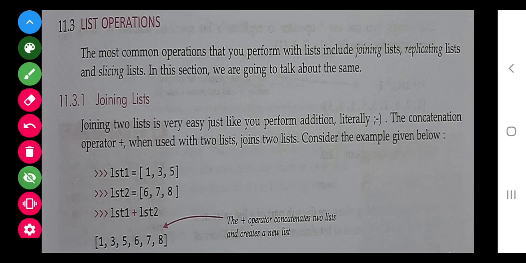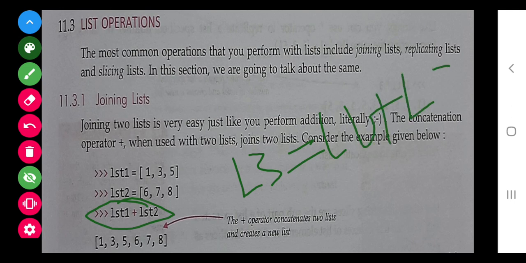Next is the join that I have told you, concatenation. Plus: list 1 plus list 2. It will get displayed, but it is not stored. It is not stored in anything, so it will be displayed only. But if you want to store it, then in place of this line you can write list 3 is equal to list 1 plus list 2.